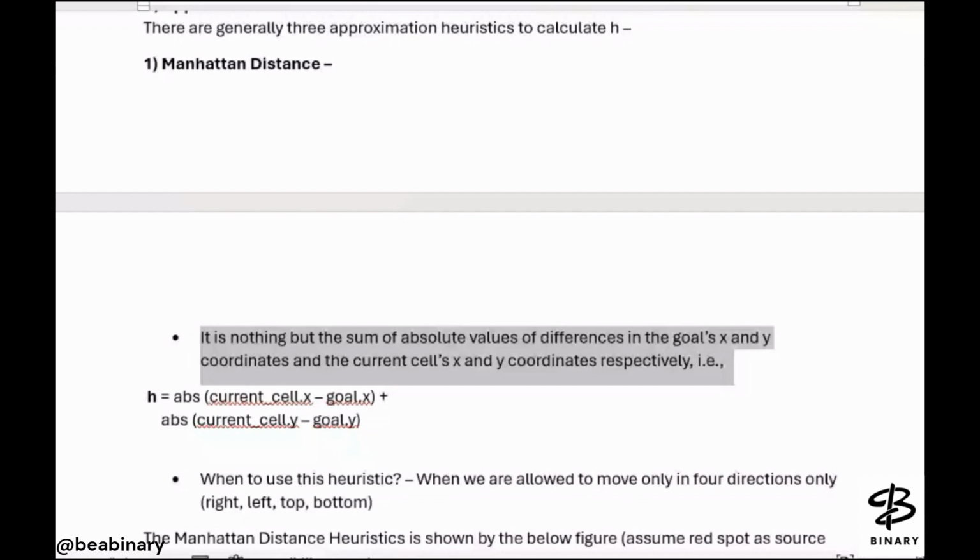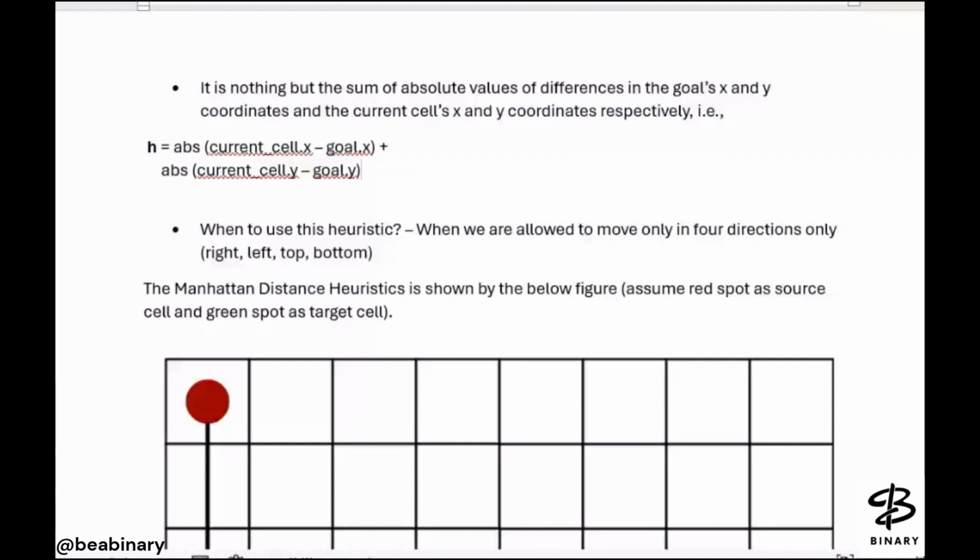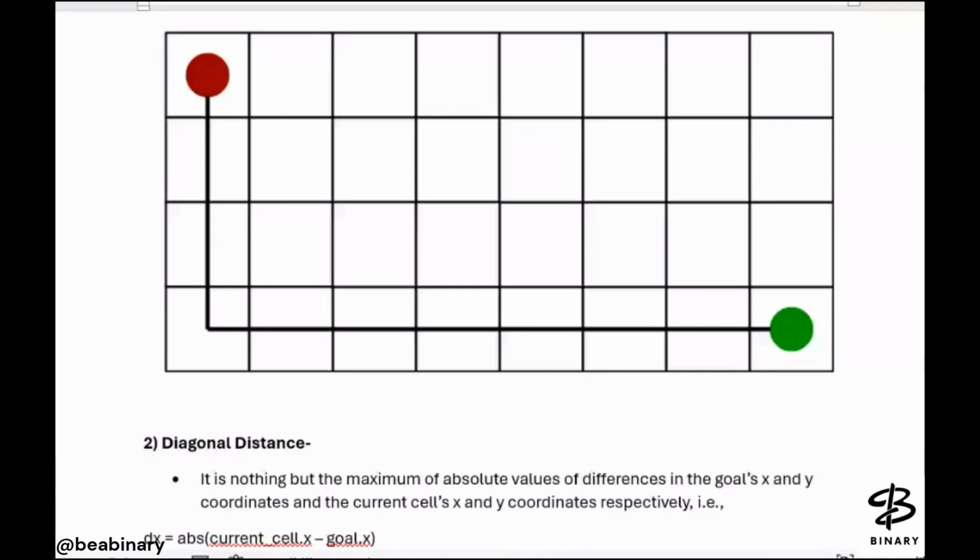We use this heuristic when we are allowed to move in only 4 directions, as we discussed in the 8 puzzle problem: right, left, top, bottom. The Manhattan distance heuristic is shown here from source to target, without any obstacles.